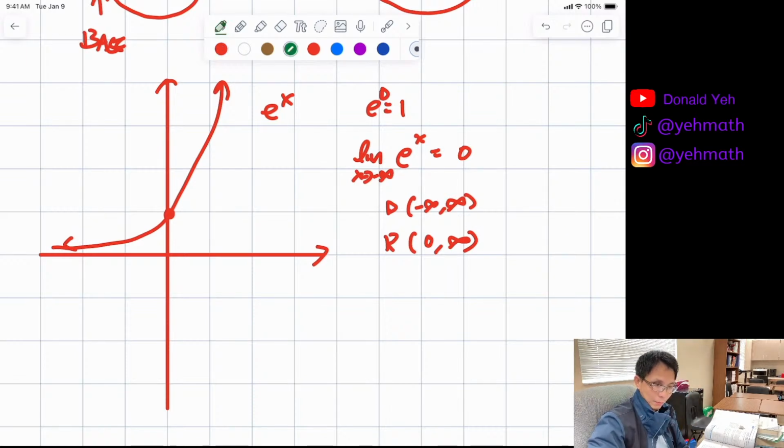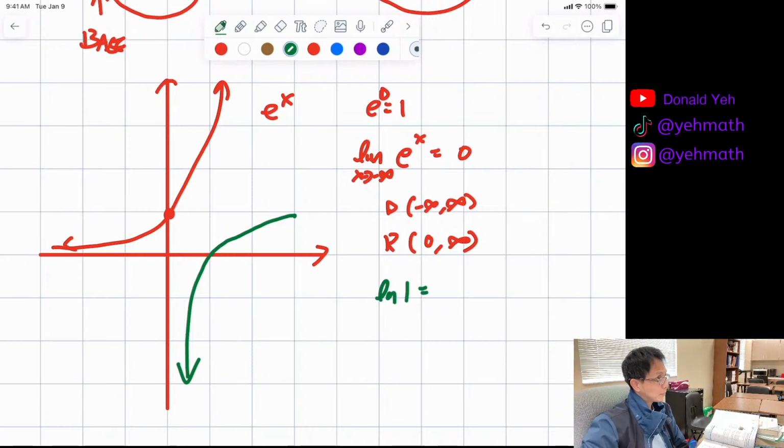Now, I'm also going to talk about the natural log of x. Natural log of x is the inverse of e to the x, so it's going to look like this. Natural log of 1 is what? 0. You look at the graph.